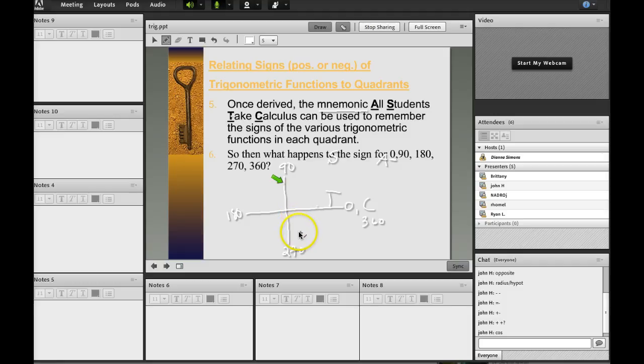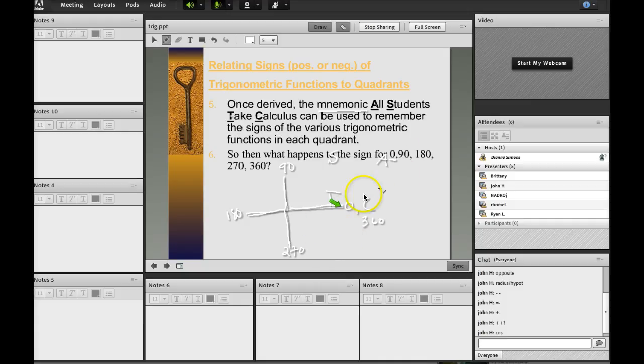Up here, cosine is 0. The x values are 0, right? What about here? Y values are 0. What about down here at 270? And over here at 360, your y values are 0.